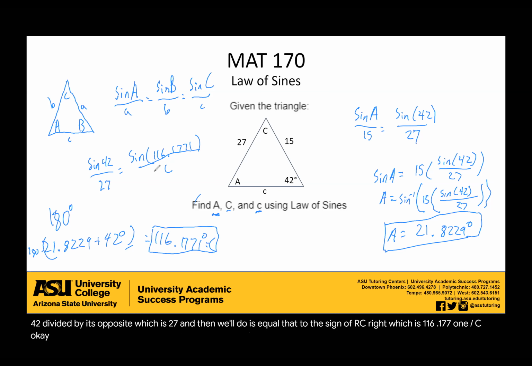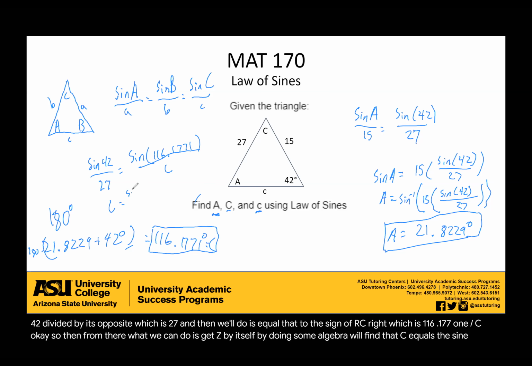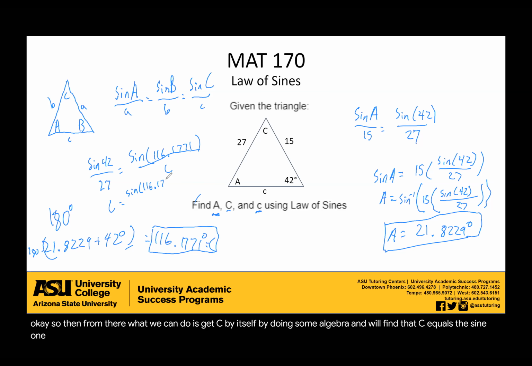Then we can get c by itself with some algebra, and we'll find that c equals the sine of 116.1771 divided by this entire left-hand side, the sine of 42 divided by 27.